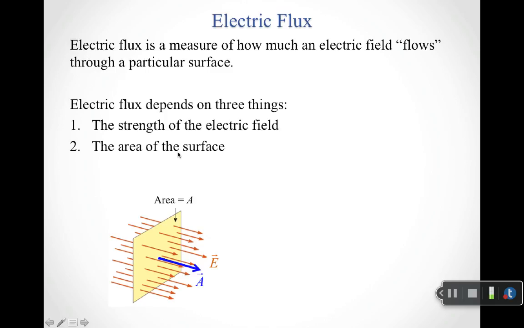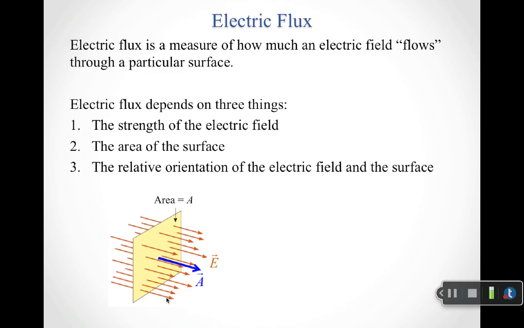The second is the area of the surface. In the same way we talked about with the window, if I have a very small surface, it doesn't have the opportunity to catch a lot of electric field lines. If I have a very large surface, that's obviously going to be pierced by more electric field lines. And then third is the relative orientation of the electric field and the surface.